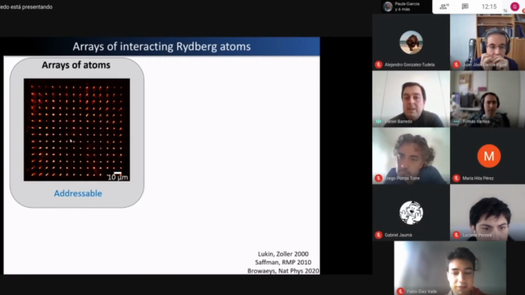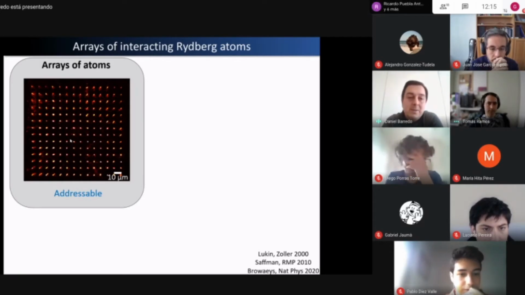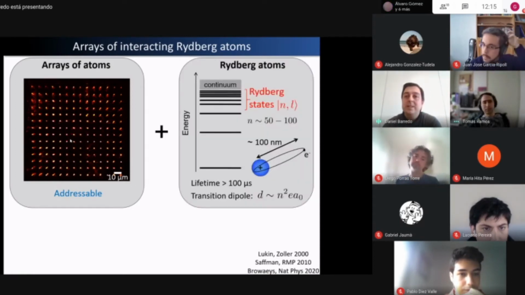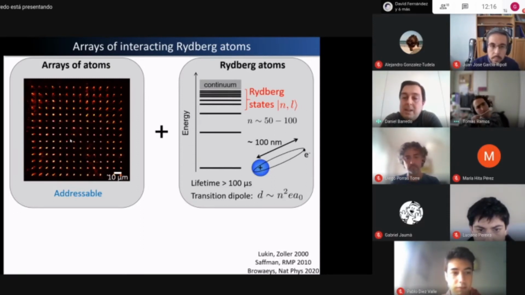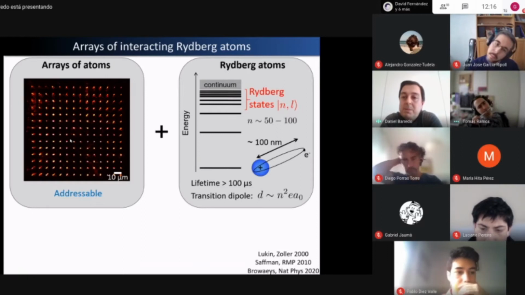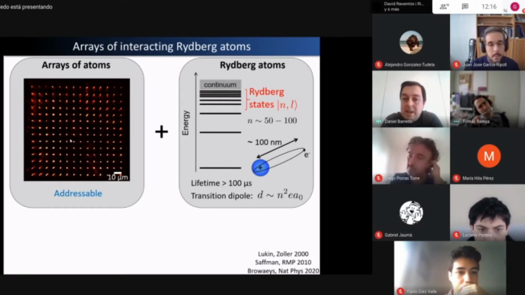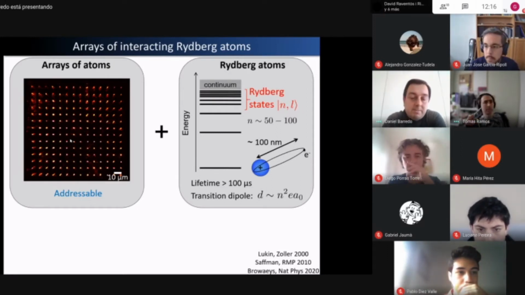But of course, the problem is that if you want to do some kind of quantum simulation with interaction, atoms in the ground state don't interact. So the solution to that is just to excite the atoms to Rydberg states. And Rydberg states are highly excited electronic states of an atom that have typically principal quantum numbers between 50 and 100, and they have very nice properties.